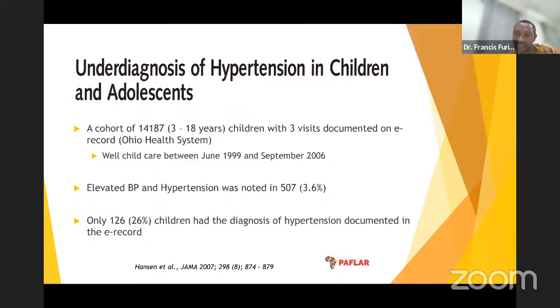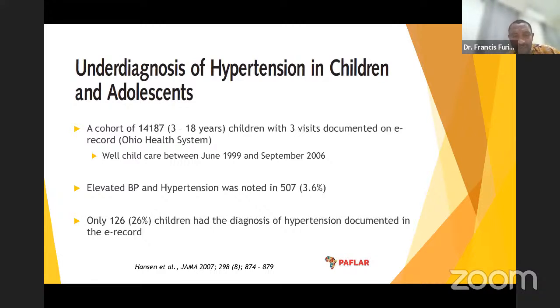They looked at all children with at least three visits documented in e-records who presented for well child care. Out of these children, elevated blood pressure and hypertension was noted in 3.6%, which is 14,000 children.